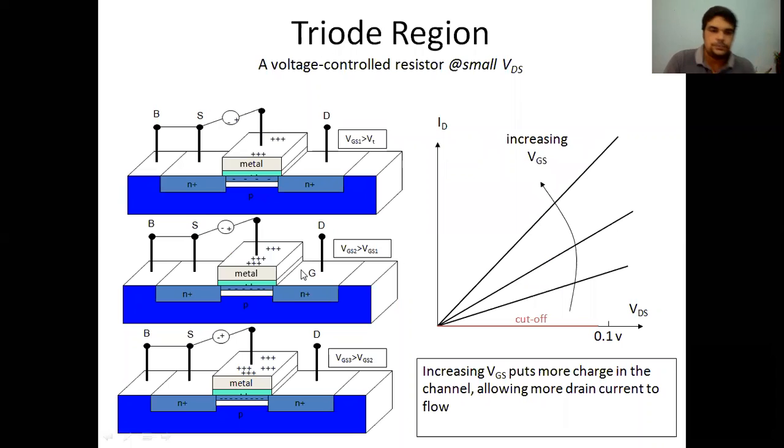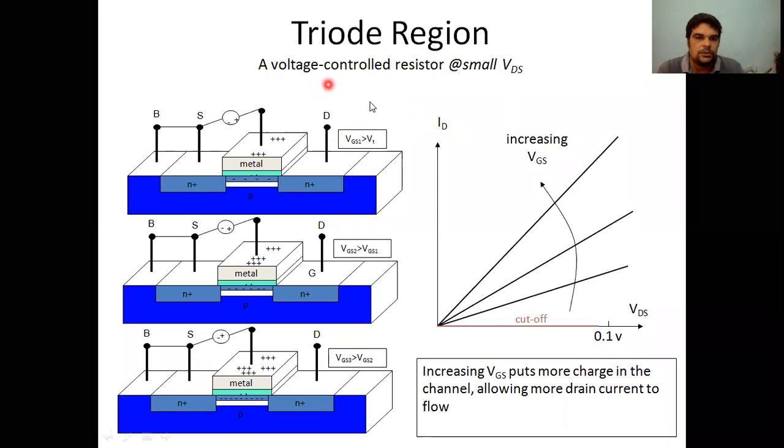Now, as you can see here, in the first case, VGS1 is greater than the threshold voltage, so obviously a channel is formed here.